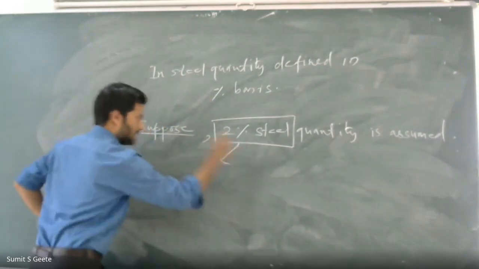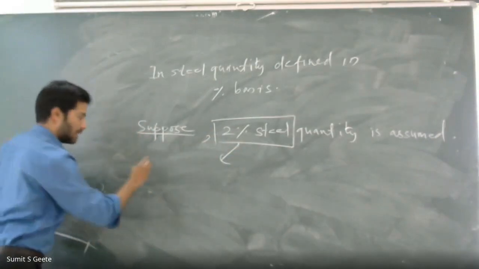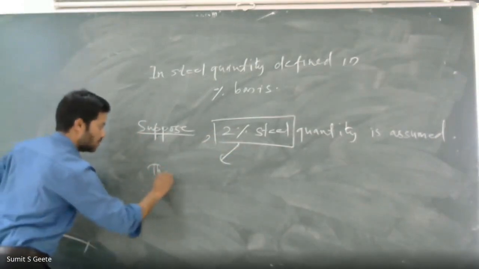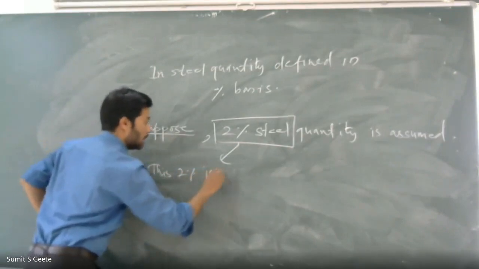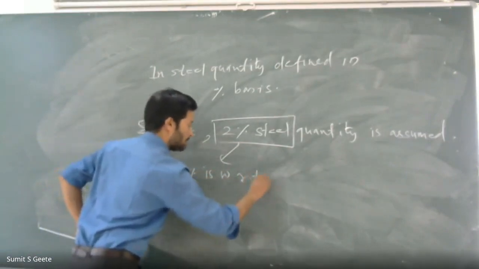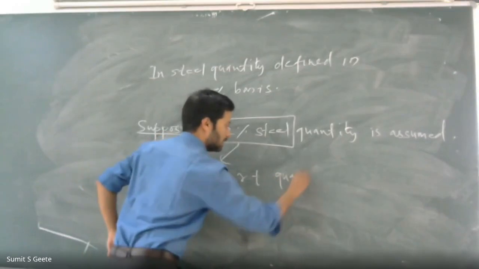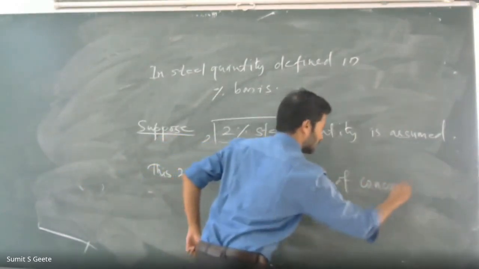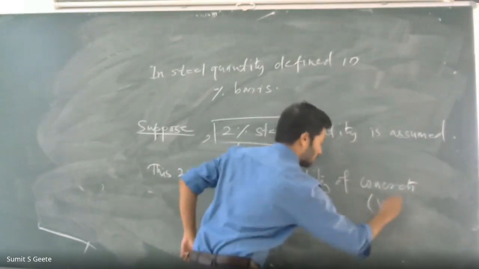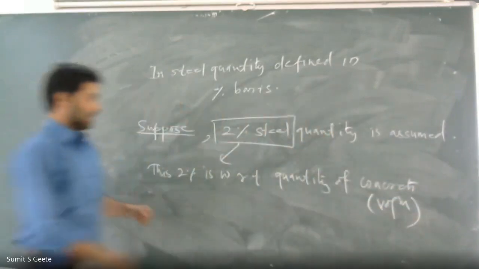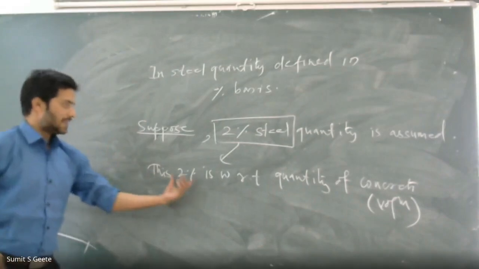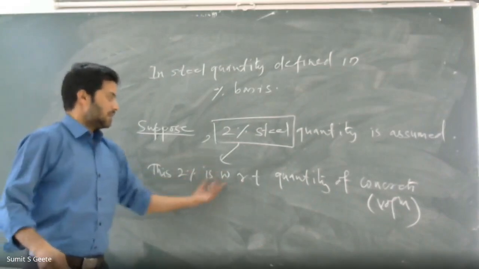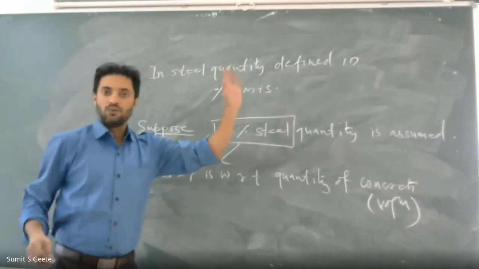So this 2% of steel is with respect to the quantity of concrete volume.